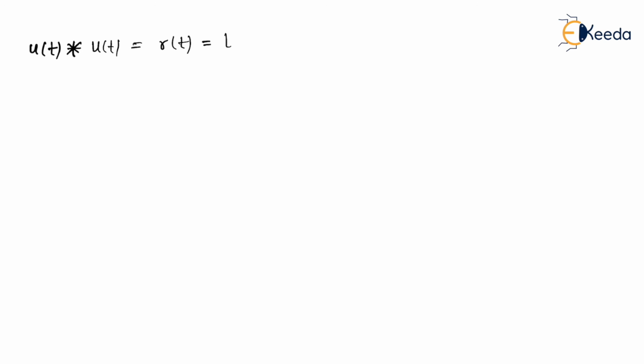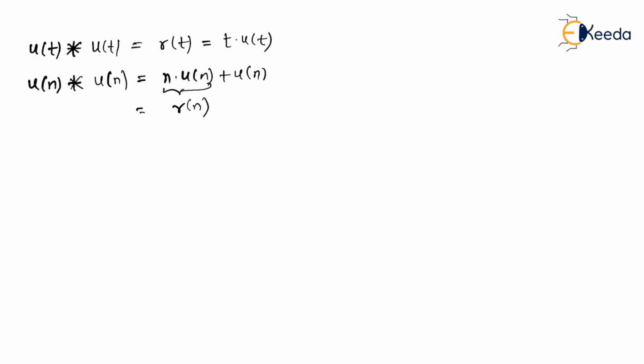And you know that r of t is also called t dot u of t. And whenever we have u of n convolved with u of n, it is not simply r of n, okay? It was n into u of n plus u of n. And of course we know that n into u of n is r of n itself, plus u of n. So please remember this as final result.